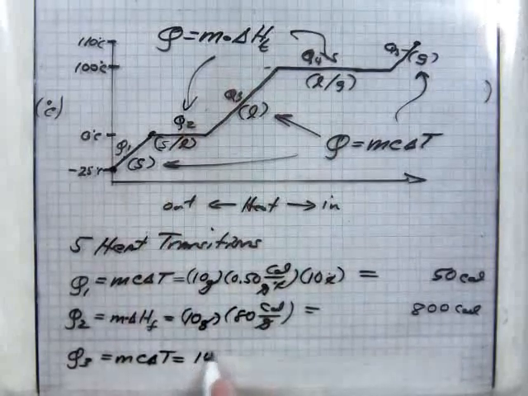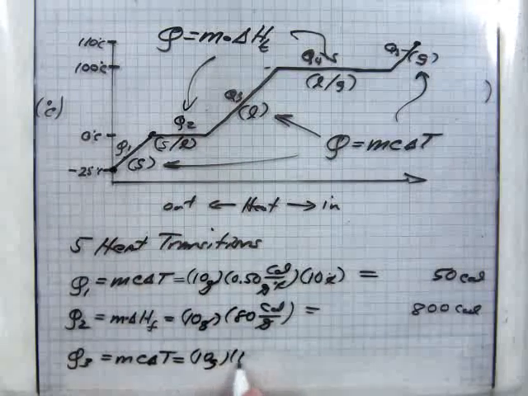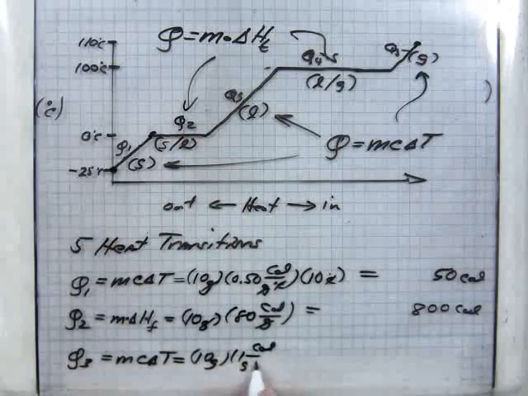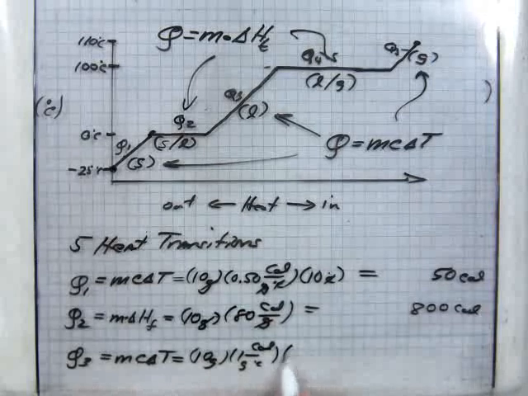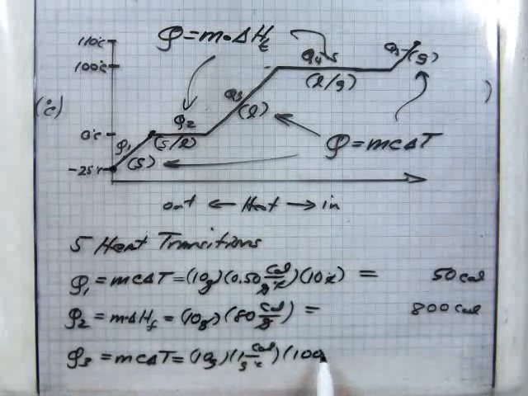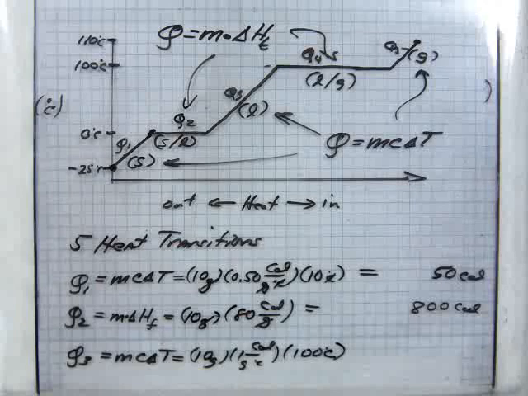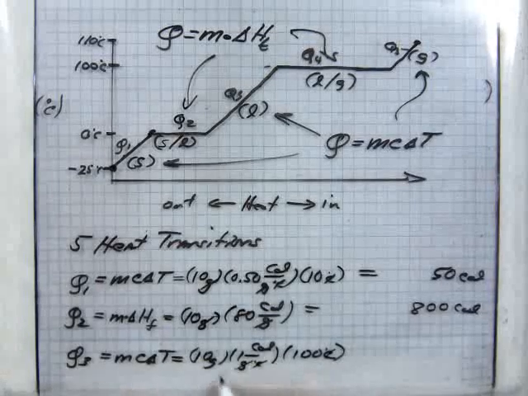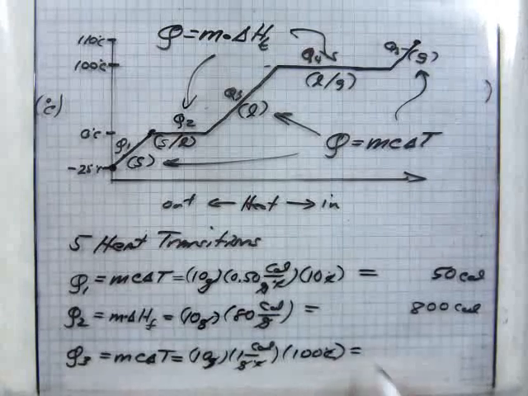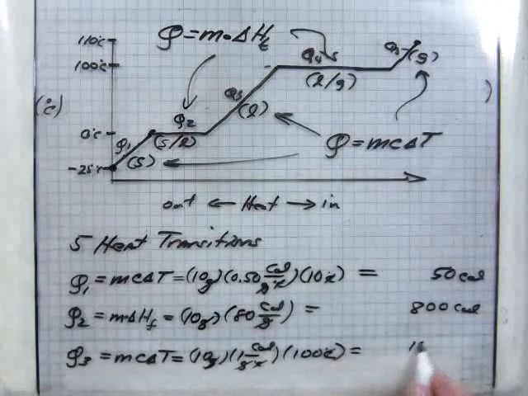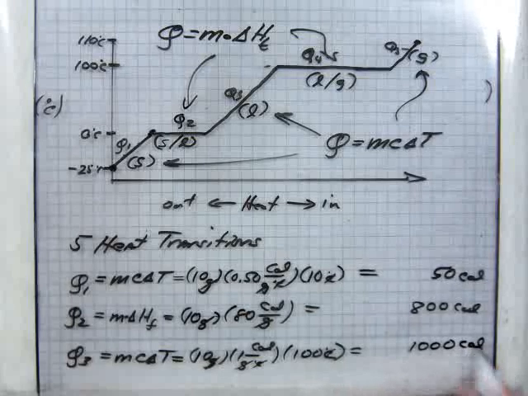And so there's 10 grams of water now, and it's 1 calorie per gram degree C. You can look it up if you want to. And this one is going to have to go to 100 degrees Celsius to get to the boiling point. And so Celsius drops out, grams drop out, and this will give us 1,000 calories.